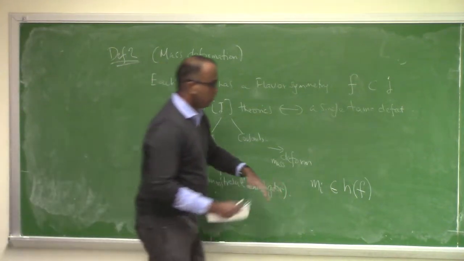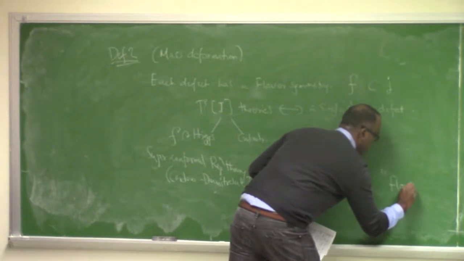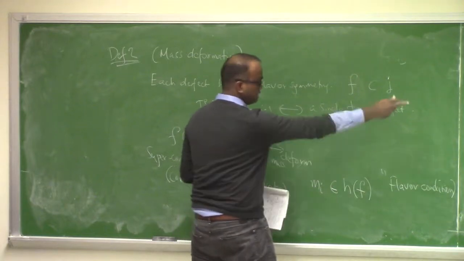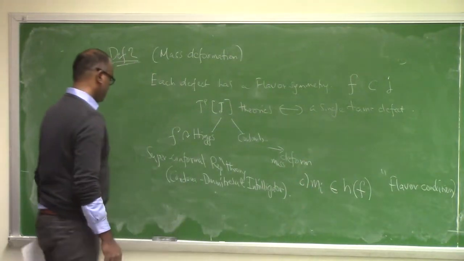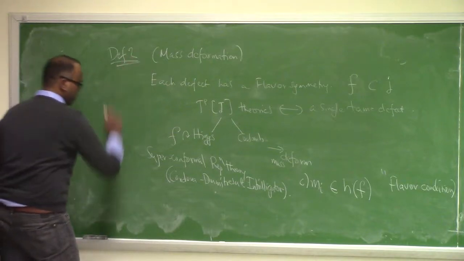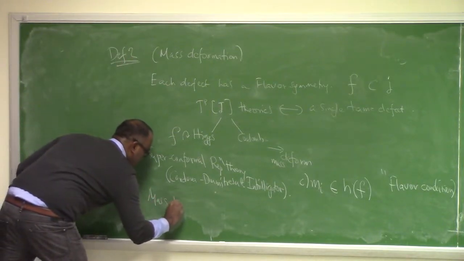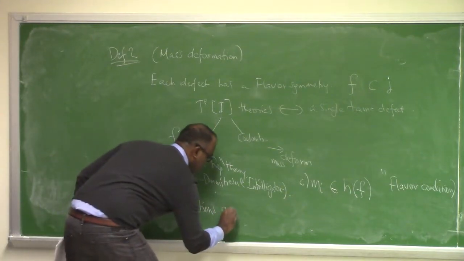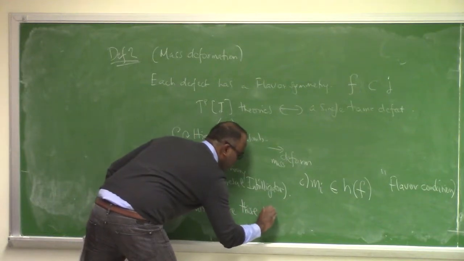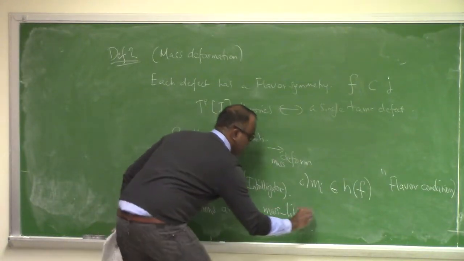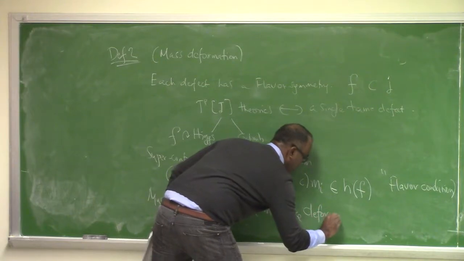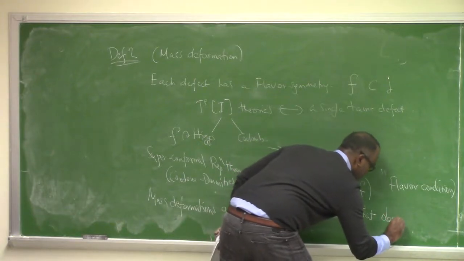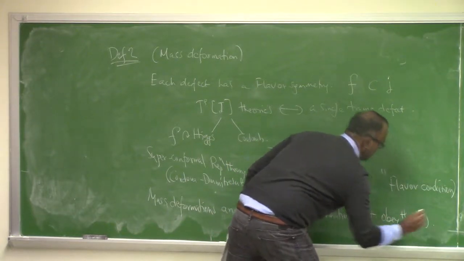So this is what we call the flavor condition in the paper. So this is in addition to those two conditions. So basically, the definition of a mass deformation is that mass deformations are those mass-like deformations that obey the flavor condition.